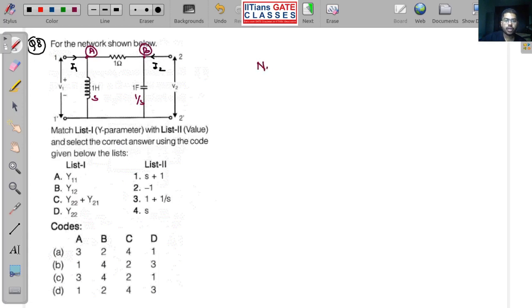So for node A, if I write the nodal equation, what it is? Minus I1 plus V1 by impedance of this branch, which is S, plus V1 minus V2 by 1, this is 1 ohm, equal to 0.